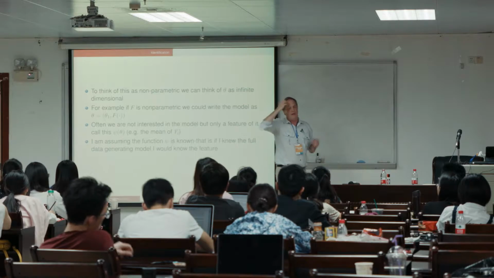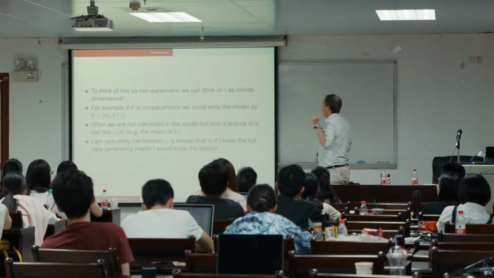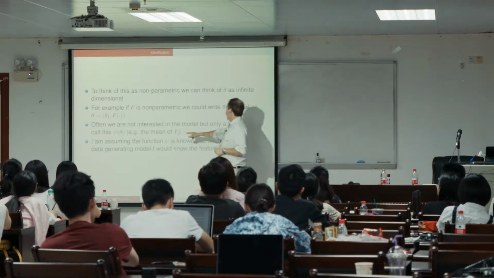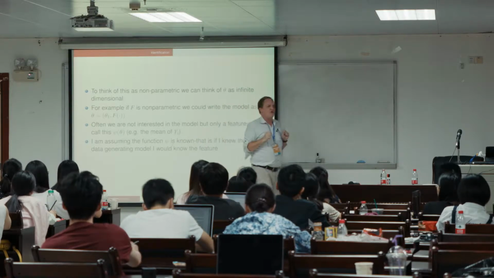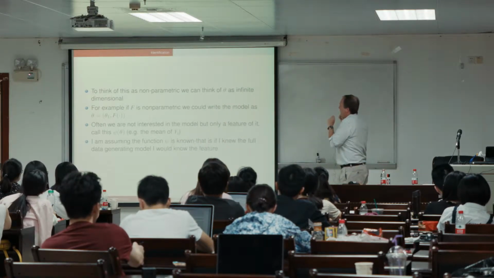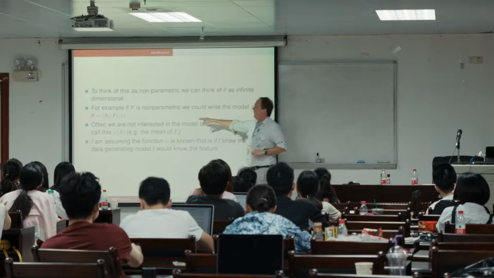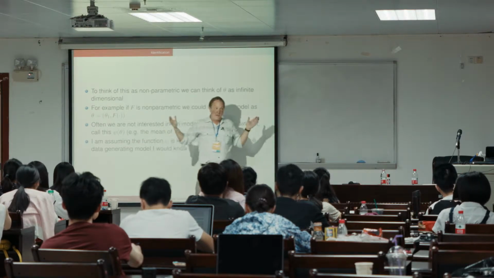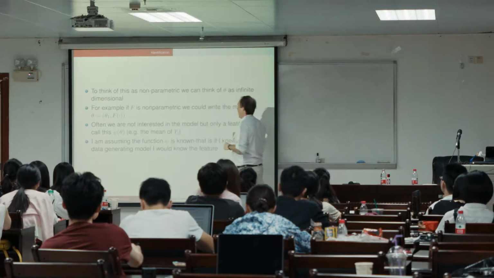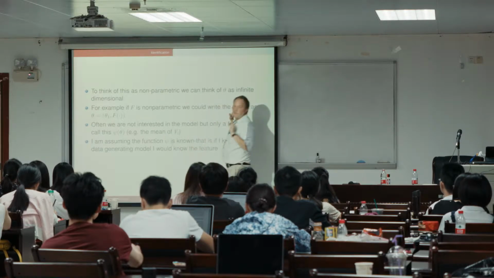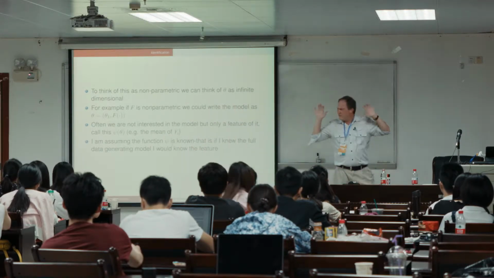So yi might be your endogenous variable that's being produced in the model. This might just be the sample mean of it. What I'm going to assume is that psi is known up to theta. That is, if I know the full data generating process, I know how to calculate the feature of the model that I'm interested in. Does that make sense?